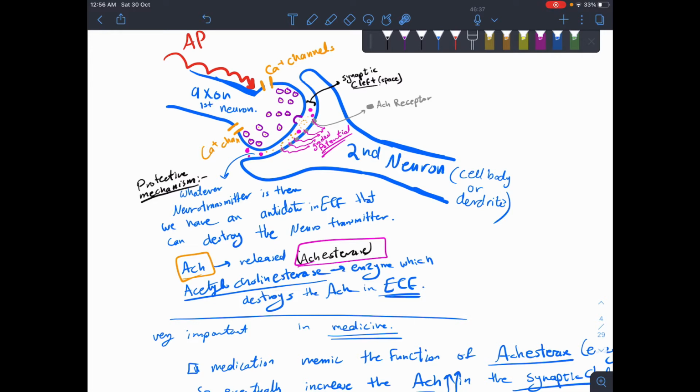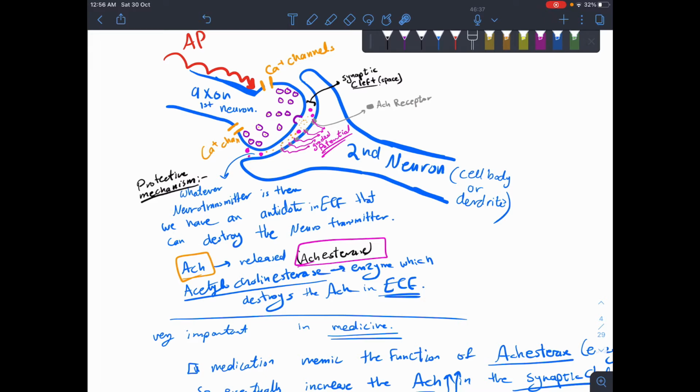Whatever neurotransmitter we have at the end of the presynaptic nerve, there's always going to be an antidote, something opposing it: an enzyme that's going to destroy the acetylcholine.